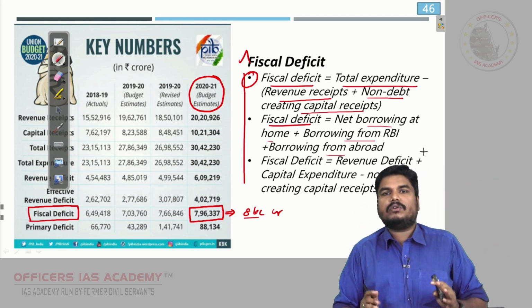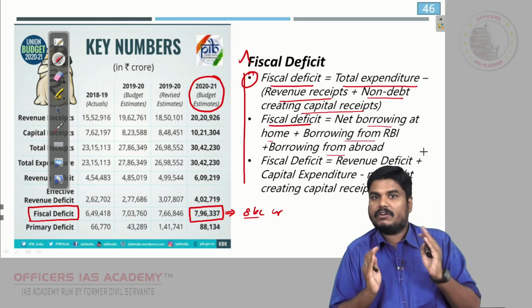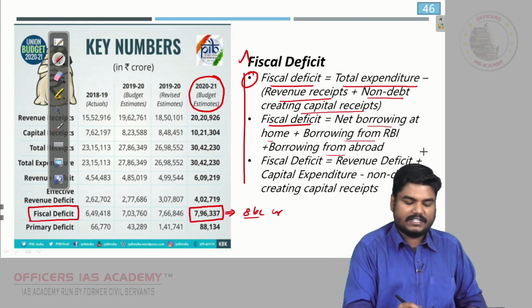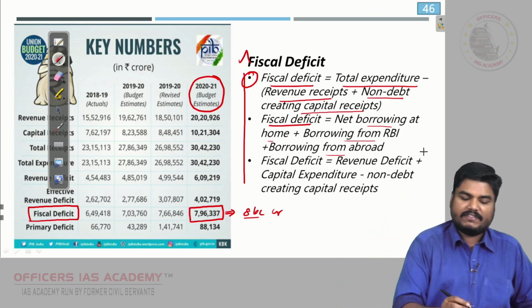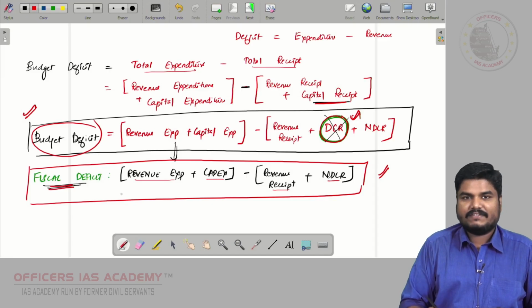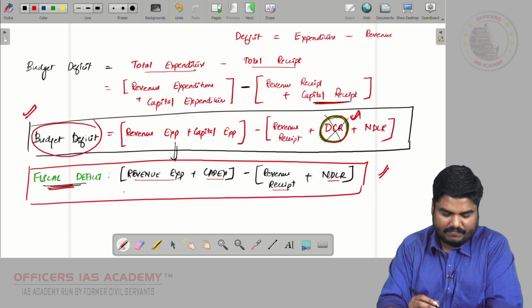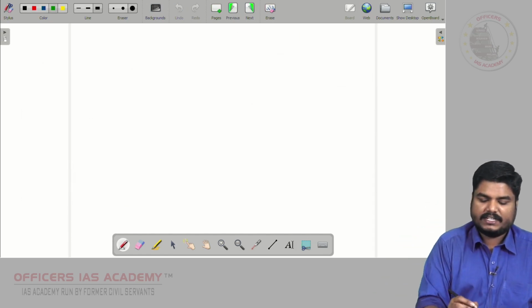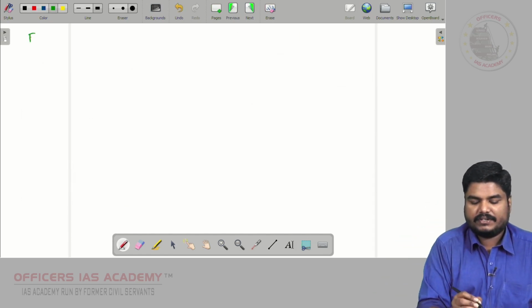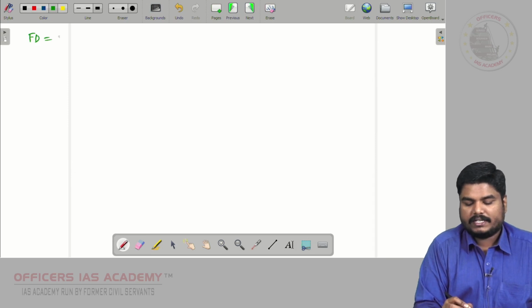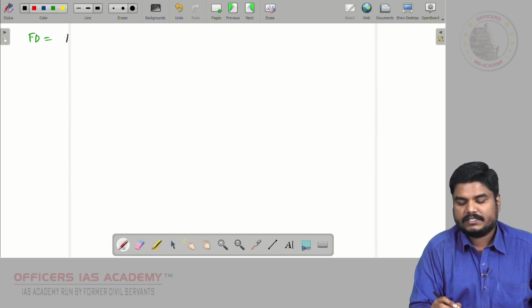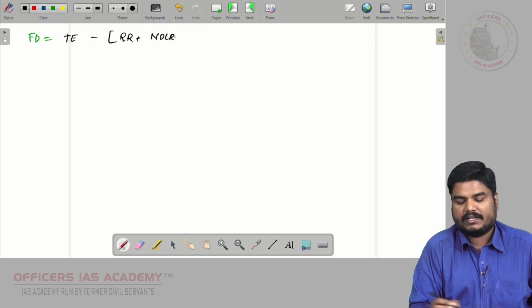How much you have borrowed to meet the deficit, that borrowing amount alone is another way of explaining fiscal deficit. This fiscal deficit can be explained in another way as well, by simply rearranging. So, what is fiscal deficit?